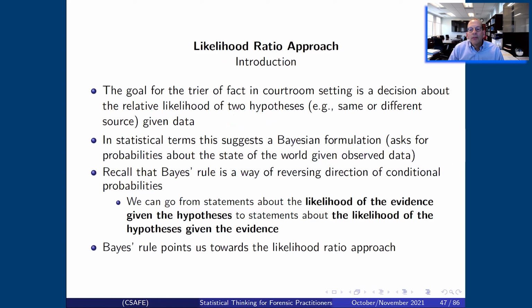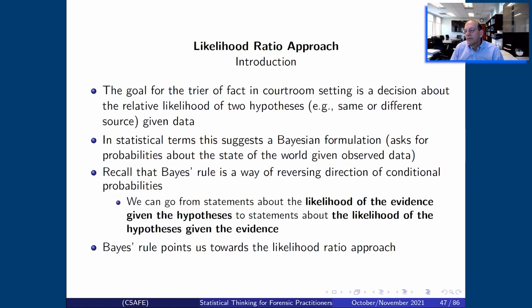We can think about the goal of the forensic evidence analysis process as being for the trier of fact, typically the jury, to make a decision about which of two hypotheses is best supported by the evidence. Same source or different source, if we're talking about the evidence; guilty or innocent in aggregate.